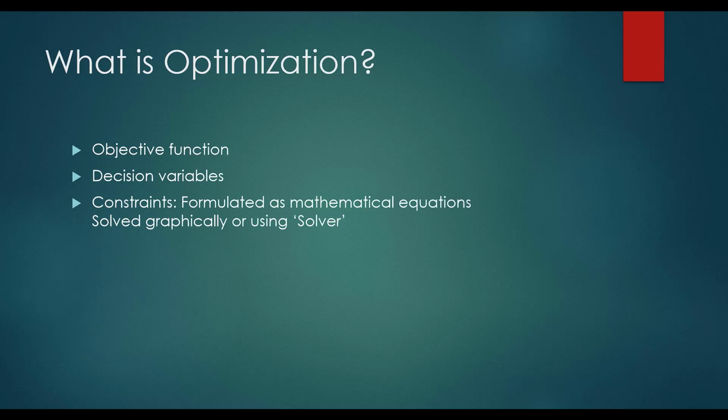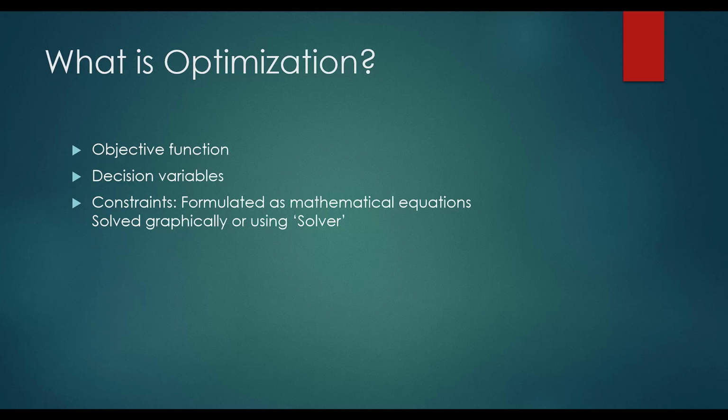We also have some constraints, which are formulated as mathematical equations and can be solved graphically or using some commercial solver. These are the main elements of any optimization problem. For any given optimization problem, we have an objective function, which may be to maximize a profit, minimize a cost, or find an optimal engineering design.